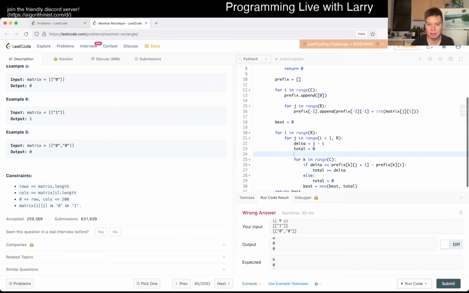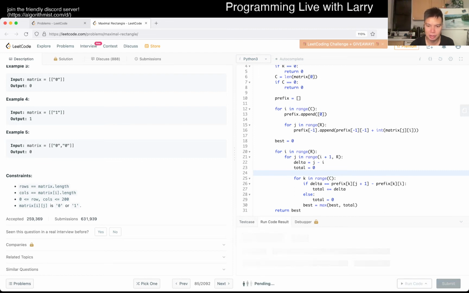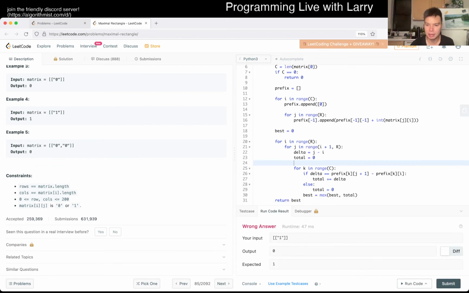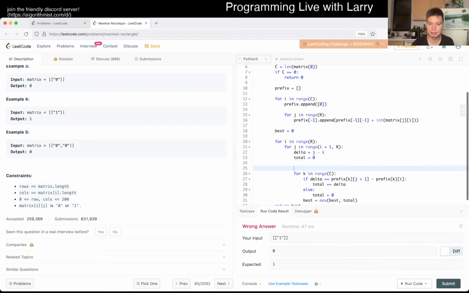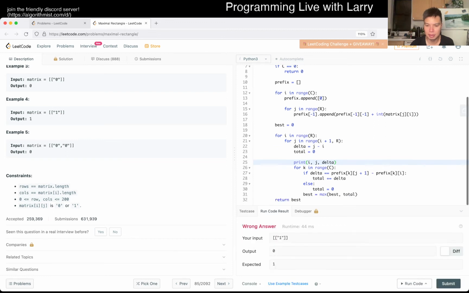Okay, so basically we're wrong for this case, and probably even more cases, so we would probably have to be a little bit careful. And this one we have wrong, this one we verify. Okay, so this doesn't even print at all because this doesn't execute. That makes sense actually.